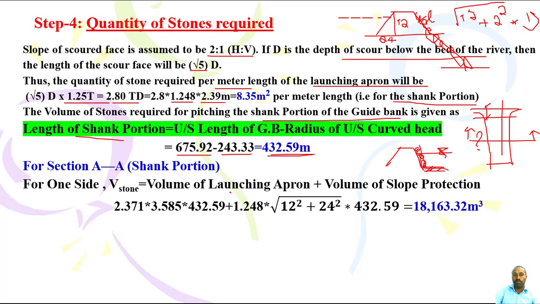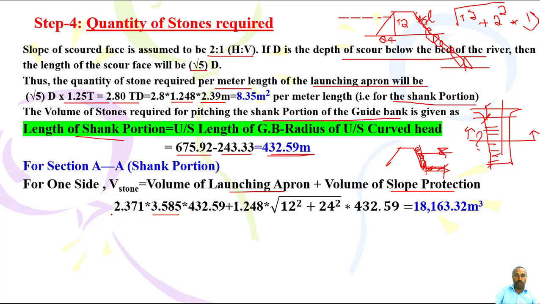So the volume of the launching apron is from here up to here. Then the volume of slope protection is this length. So 2.371 is already computed, multiplied by the thickness of the launching apron times the width, which is 1.5D, then the length from here up to here, the overall length of protection on the bed of the river.